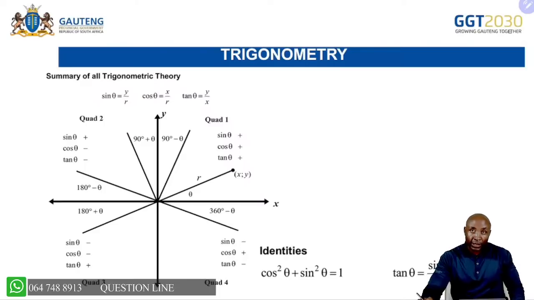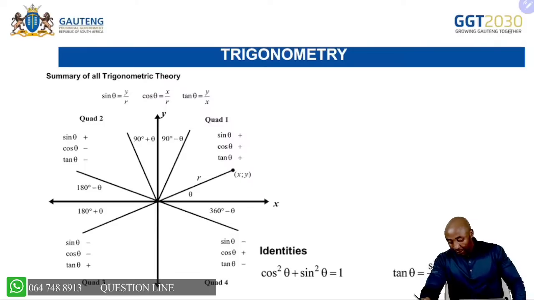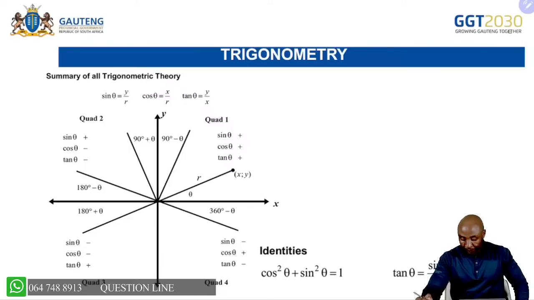For your cos, it's x over r. Your sine becomes y over r. And you are able to also find your tan as y over x. Those proofs were done in grade 11 of our identities: cos squared theta plus sine squared theta is equal to 1. Tan theta is equal to sine theta over cos theta. We should be able to use those.